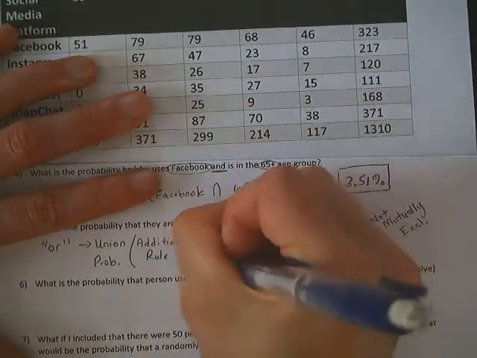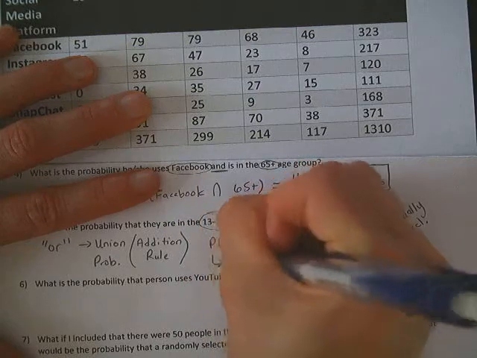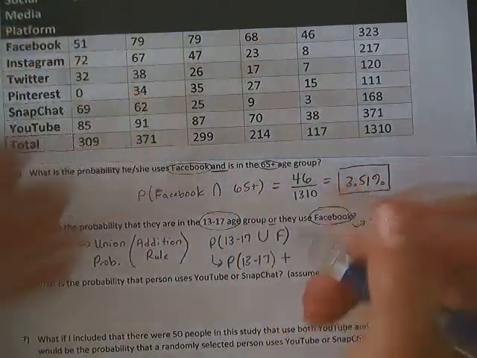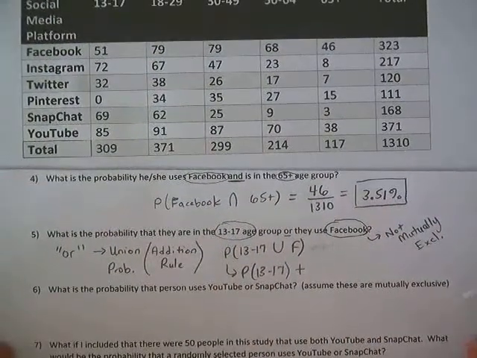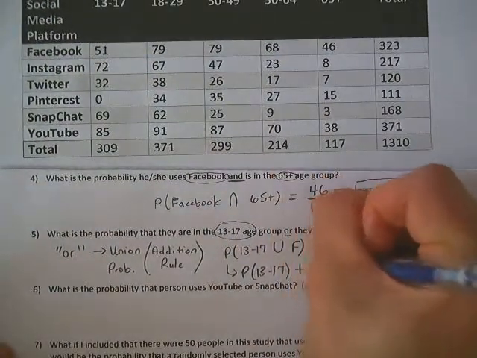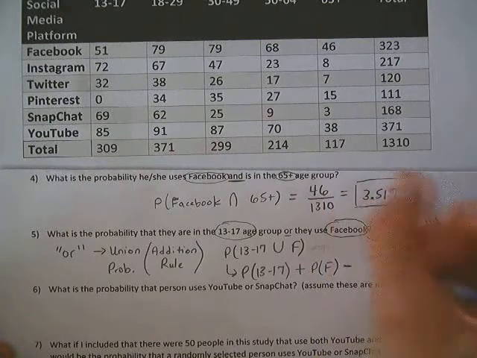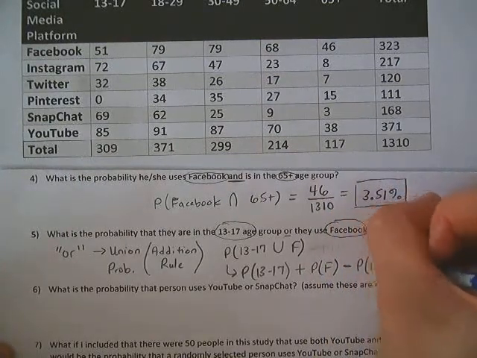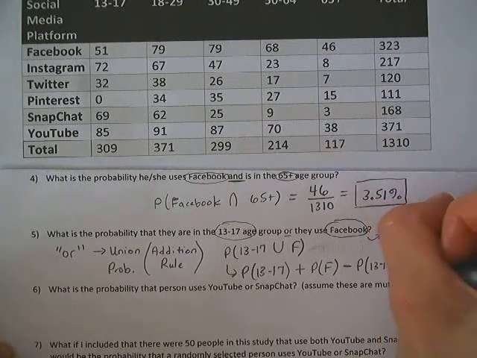So you're going to do the probability that they're in the 13 to 17-year age group plus, remember, addition rule, plus the probability that they use Facebook. And then you have to subtract the probability that they're in both. So they're in the 13 to 17 and they use Facebook.